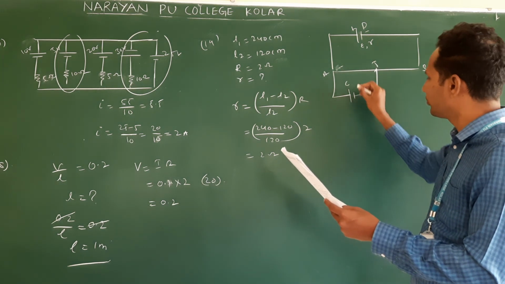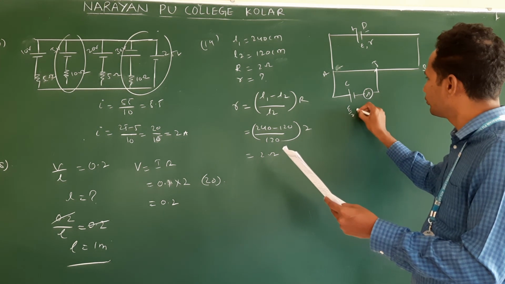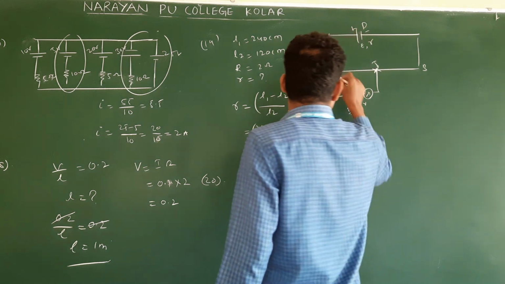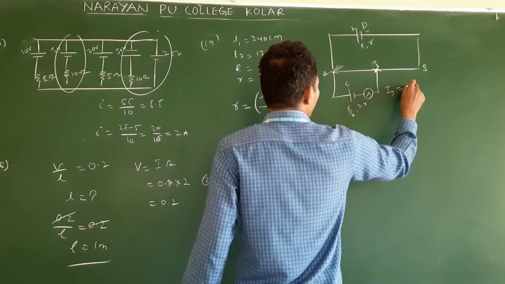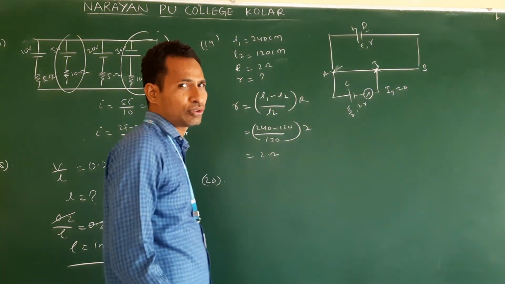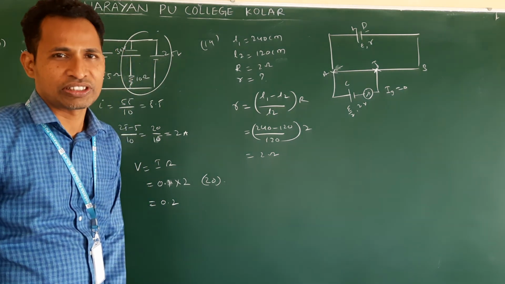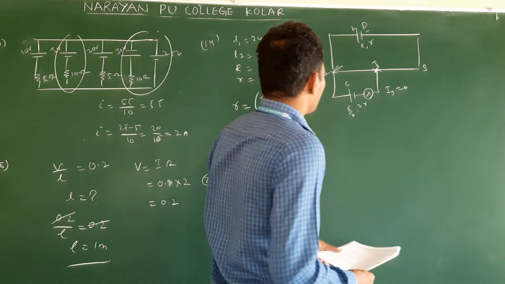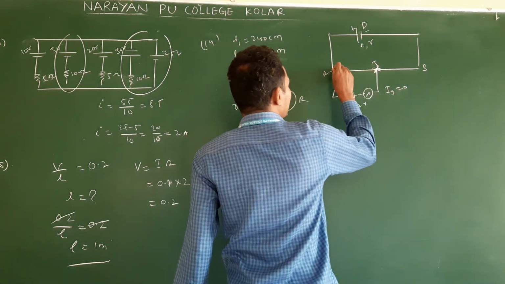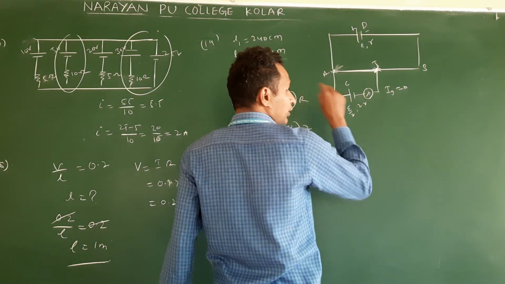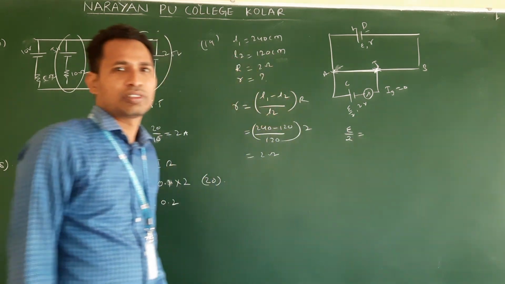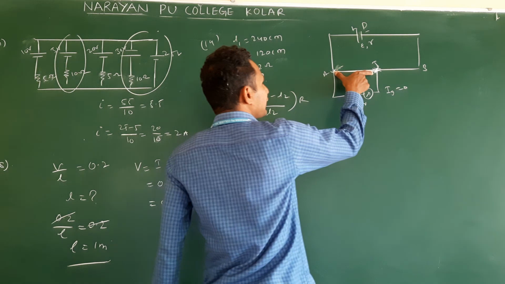This is C, the battery, EMF E by 2, resistance 2R. So here they mention IG is 0. No current flowing through. When no current flows through, what is the condition? When the potential difference is the same, no current flows through. Potential difference means the AJ potential drop is equal to the EMF.